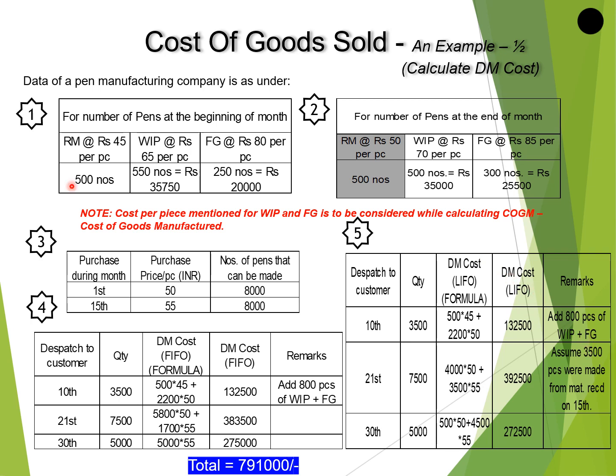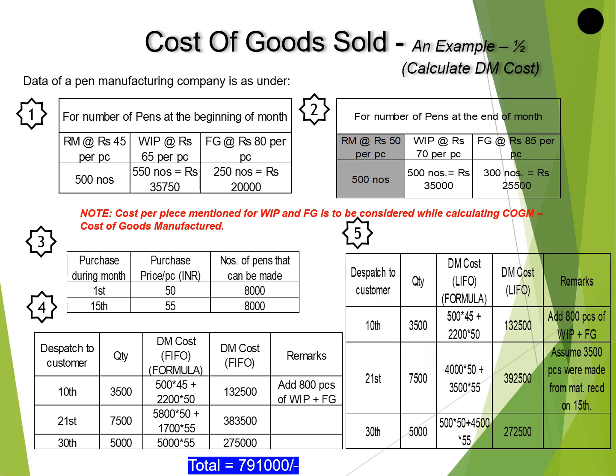And then of course raw material for 500 pieces we used here, 500 into 45, plus this was the only lot which was received before 10th, because next lot was received on 15th. So we have to take balance quantity from this lot only. So 2200 we took from here, 2200 into 50, that if we add this it comes to 1,32,500. It is same as what we calculated with FIFO method.